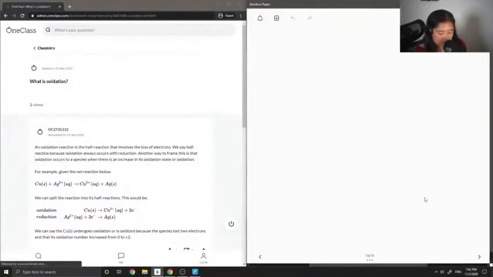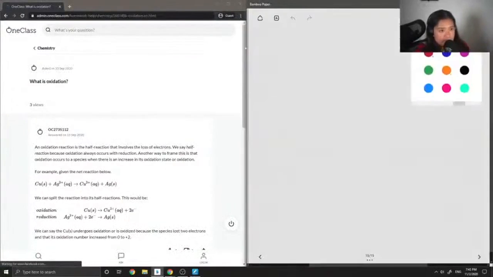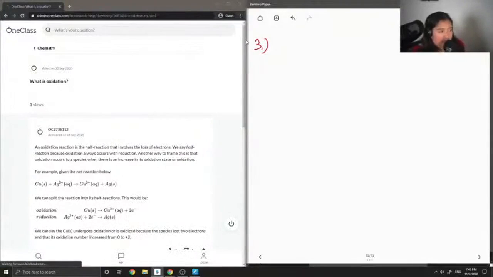Okay, so let's look at question number 3. What is oxidation? So when you have an oxidation reaction, this is when there is a loss of electrons for your atom.